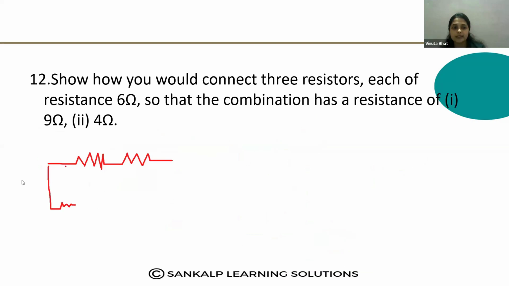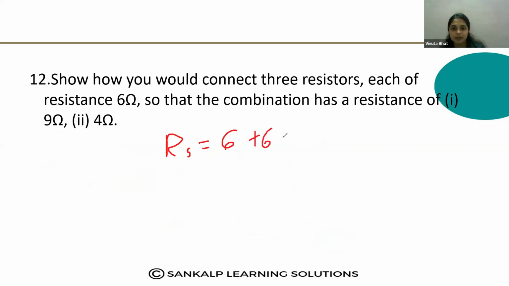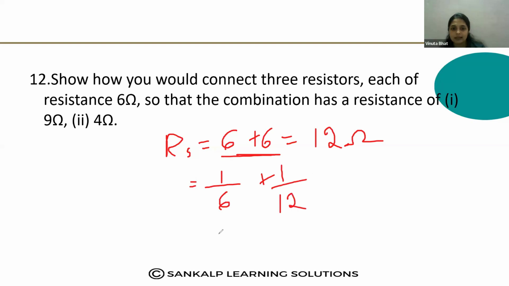When two resistors are connected in series, Rs is equal to 6 plus 6, that is equal to 12 ohm. And this 12 ohm resistor is connected in parallel to the other one, so 1/Rp = 1/6 + 1/12, that is equal to (2 + 1)/12, that is equal to 3/12.